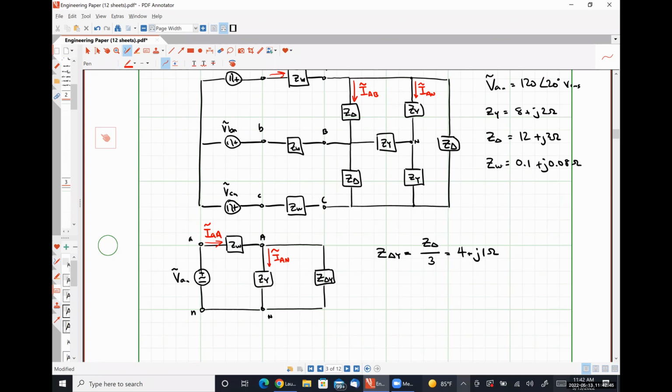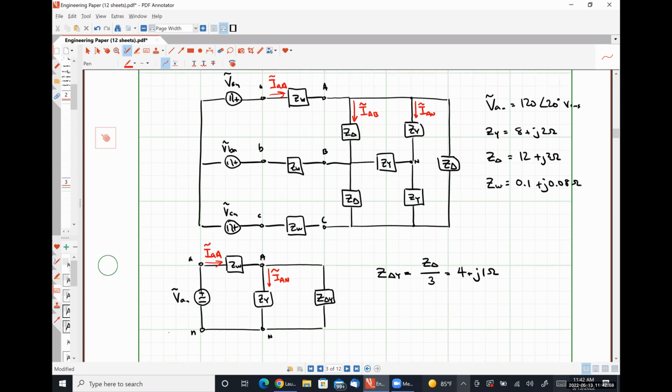So let's talk about how we're going to figure out what IAB is, because I believe by simply inspecting our single phase equivalent circuit here, we probably have a reasonably good idea of how we're going to figure out what that line current is and how we're going to figure out what that phase current through our Y connected load is.